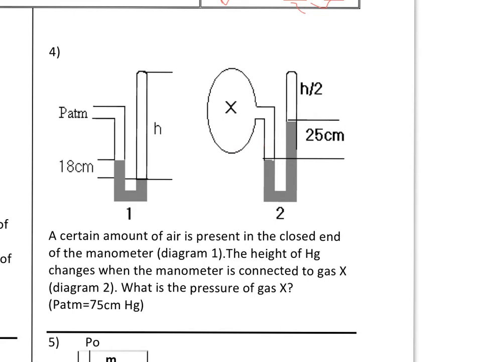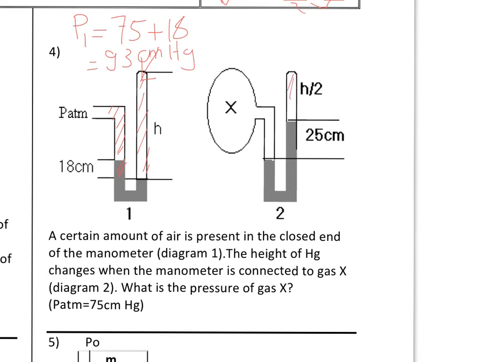Let us start with the first diagram and find the pressure exerted by the gas in the closed-end part of the manometer. Let's call it P1. The pressure exerted by this gas is equal to the pressure of the atmosphere plus the height. So it is 75 centimeters mercury plus 18 centimeters mercury, equal to 93 centimeters mercury.